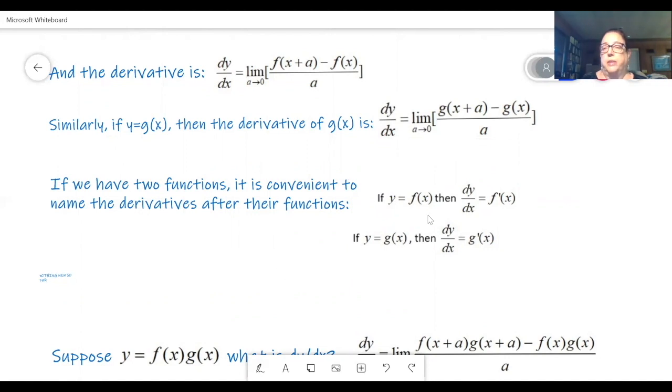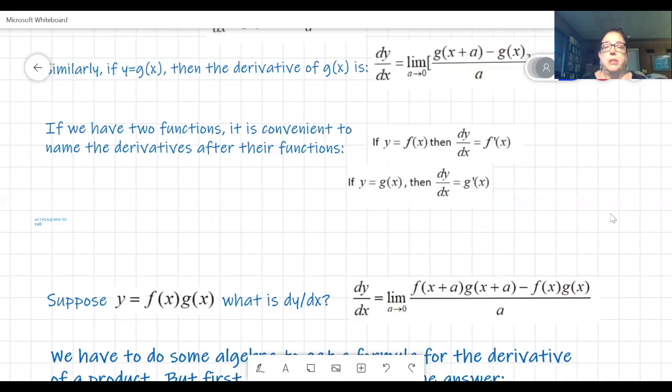So we're going to call the derivative of f, f prime of x. That's what this f apostrophe x means. And we're going to call the derivative of g of x, g prime of x. Again, we use this little apostrophe to mean prime. There's still dy dx in terms of the y that's equal to that function, but we can tell what derivative we're talking about much more easily this way.